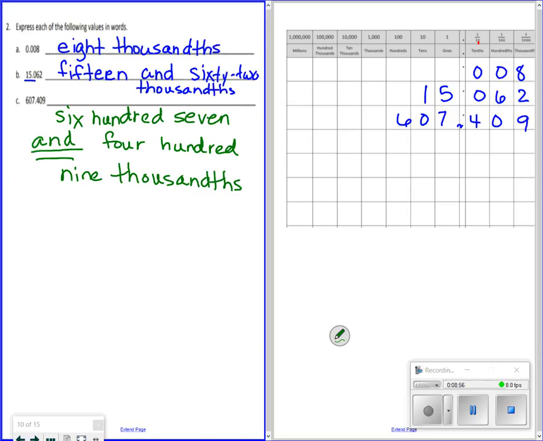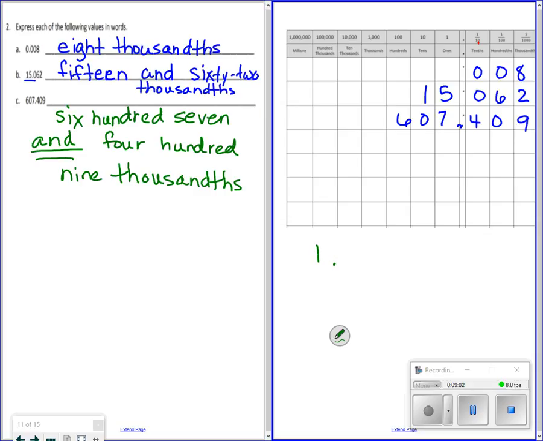You know what's really hard is when you're doing one that has something in the front, and then you have like 5, 6, 7, 9. You get out of there. So you've got this, and it's 5,679 ten-thousandths. So you still say it. It's hard to say.